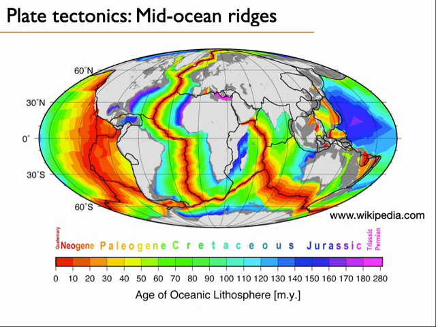On this diagram we discussed last week also, you can see the age of the oceanic lithosphere. What this diagram was showing you was that the age is young at the ridge because the material is being produced there, and it progressively becomes old when it's going close to the continental margins.